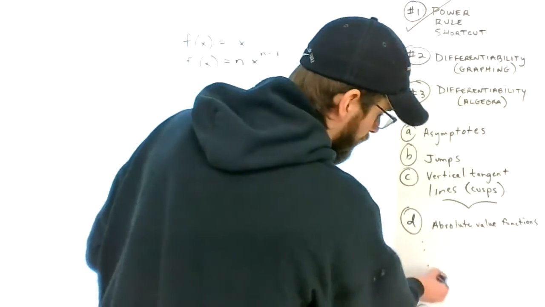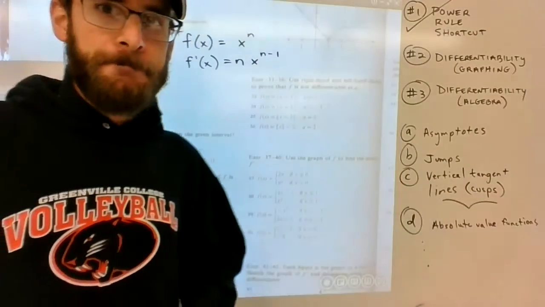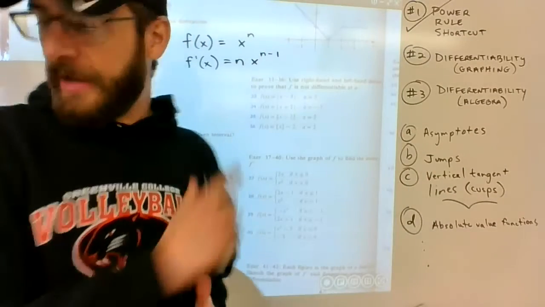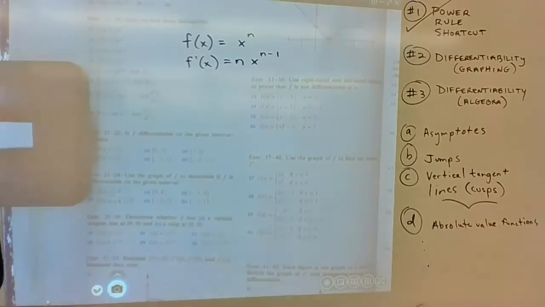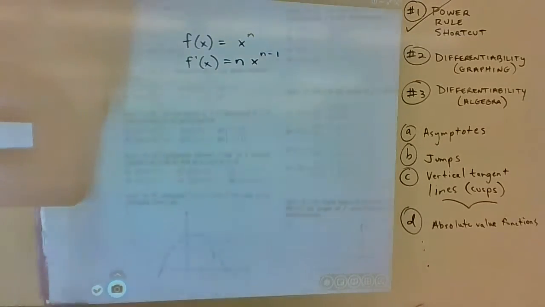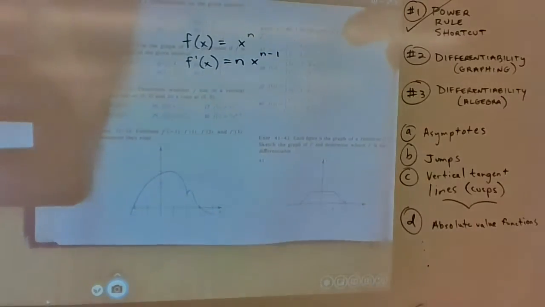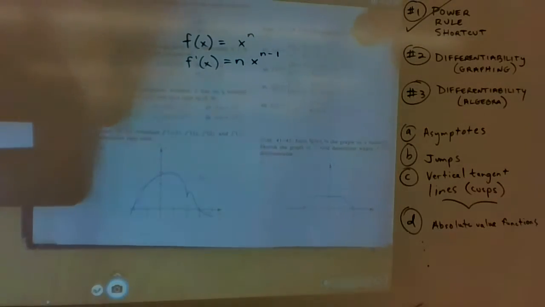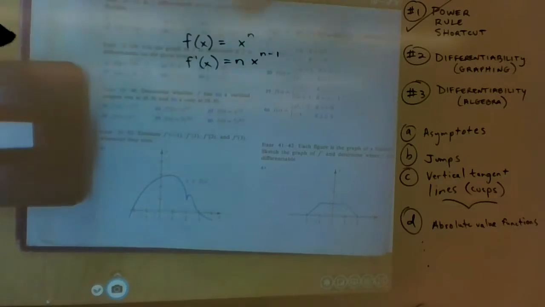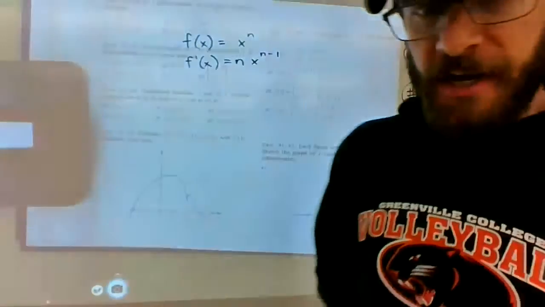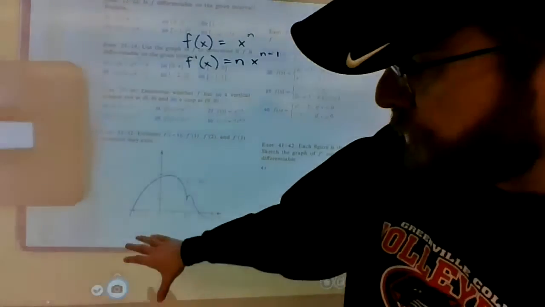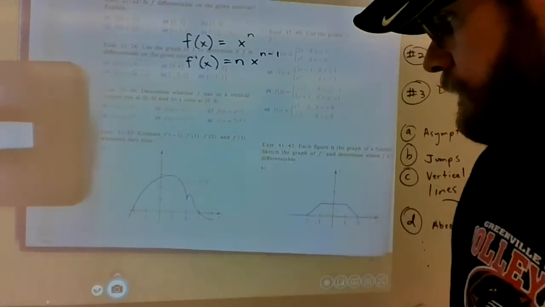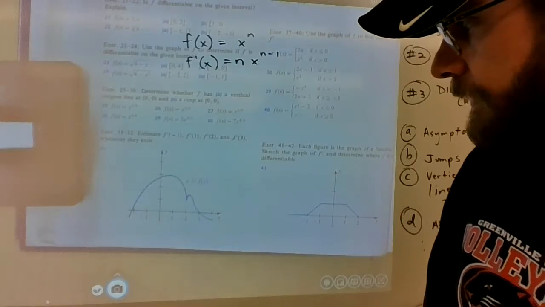There's a few other ones like this, but let's just check out what we got going on in the textbook to help us through this. So I'm looking at number 31 right now. My first question to you guys is, do you see a place where this function is not differentiable?